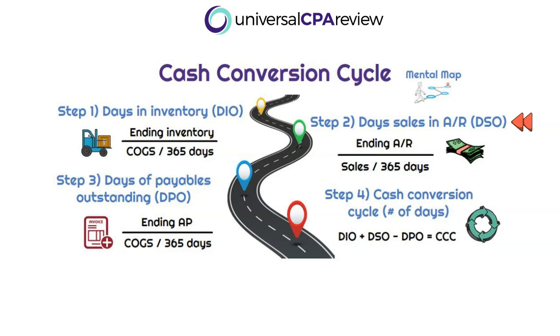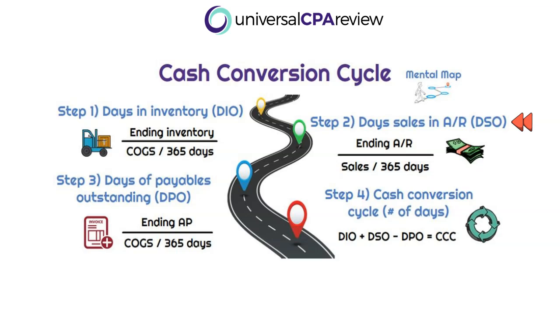So step 2 of our cash conversion cycle was days sales in accounts receivable. This is also referred to as days sales outstanding, which is DSO. And this is just basically measuring how long it takes for a company to collect accounts receivable from their customers, right? So as we learned, when a company sends an invoice, they record the accounts receivable.